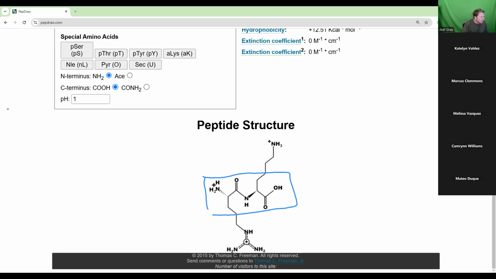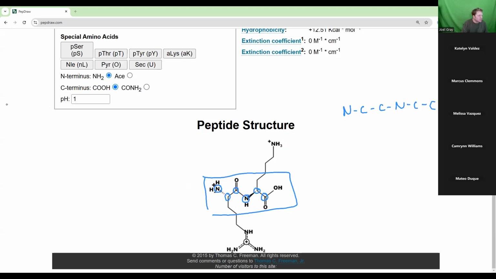But next, I want to circle the atoms that make up my backbone. N, C, C. That's my amino acid backbone. And then I can follow that with N, C, C again for my other amino acid's backbone. So I've got my peptide backbone of NCC, NCC.